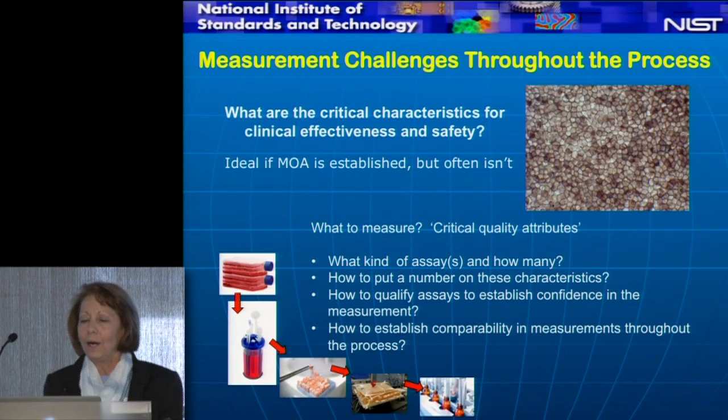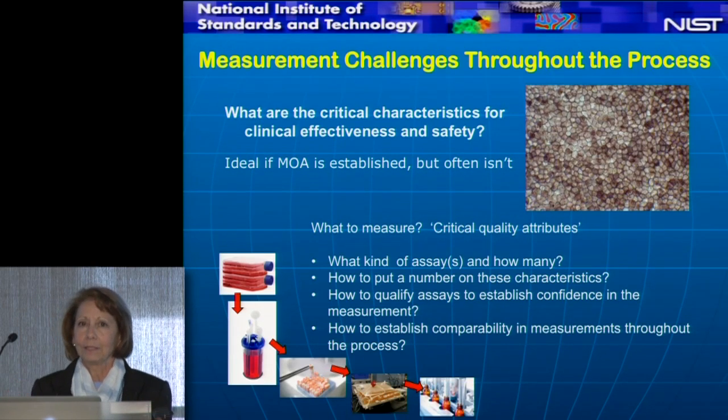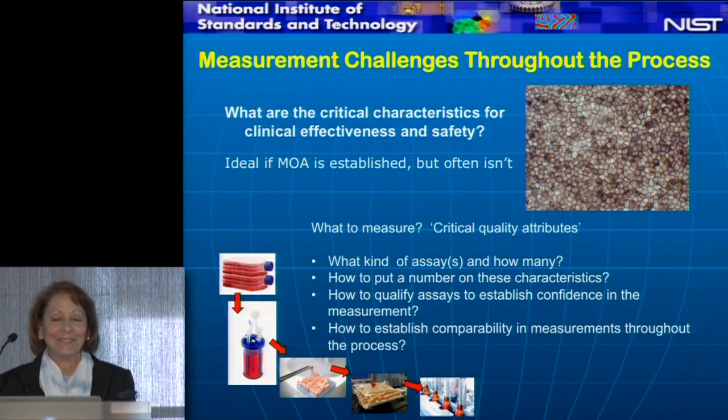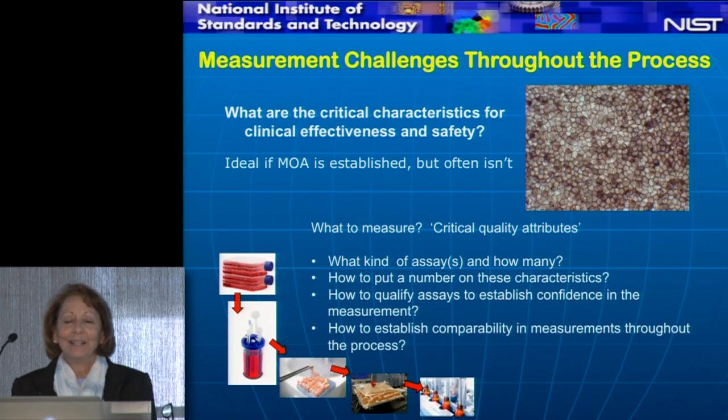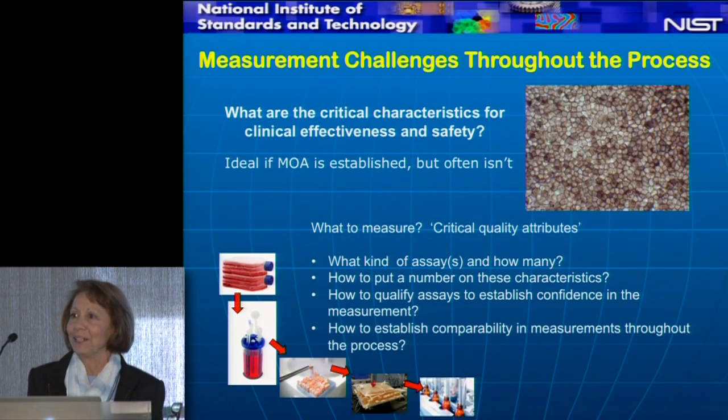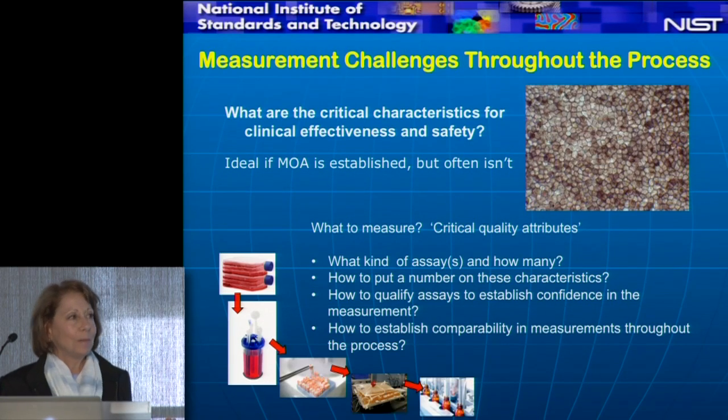Why this is so difficult at this stage is because of the vast ignorance that we all have, regardless of how much fabulous work has been done. This question about what are the critical quality attributes, right? What are the things that you should be measuring in the material that you have?